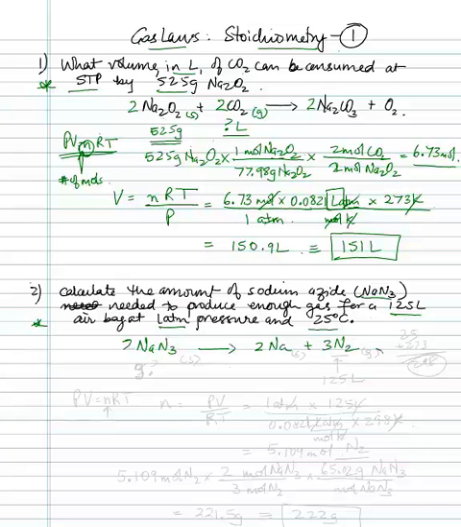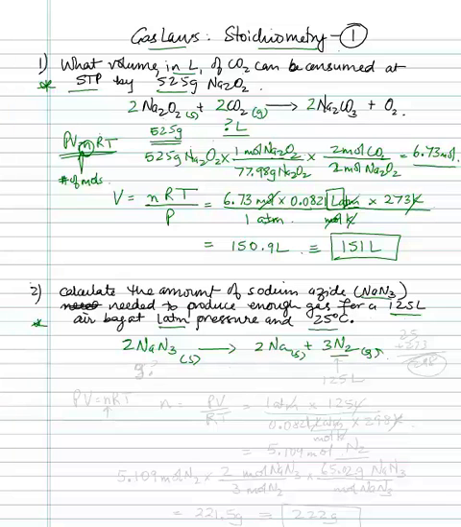Let's balance that out. 2 there. Solid, solid, and the gas is nitrogen over here. This, by the way, is the reaction that goes on in airbags in cars. The gas that is produced from sodium azide is nitrogen, which is perfect for us because it doesn't harm us.